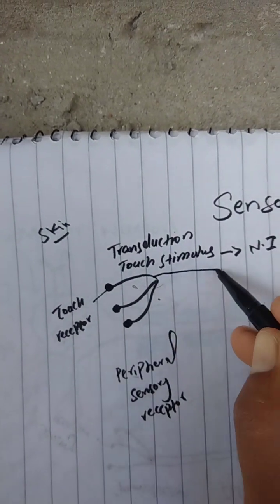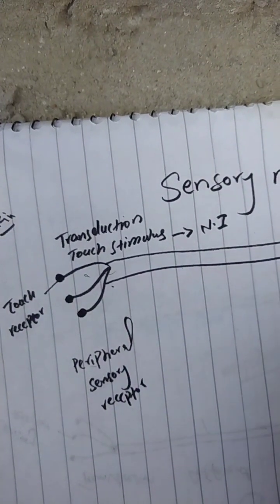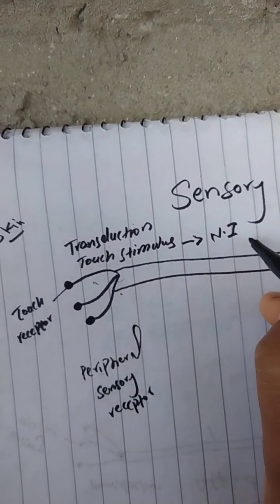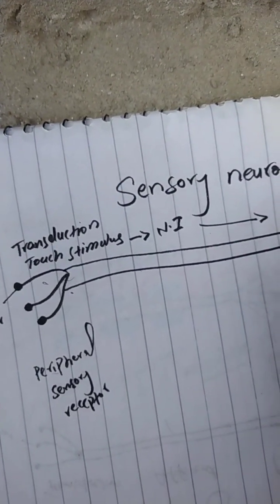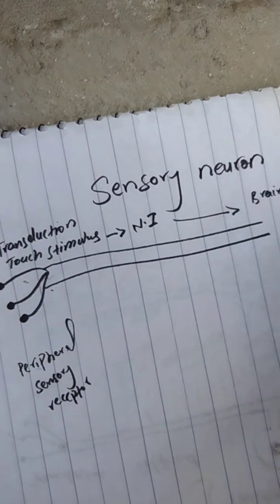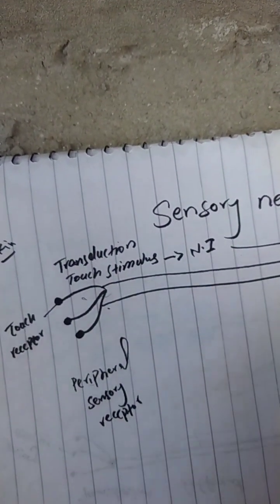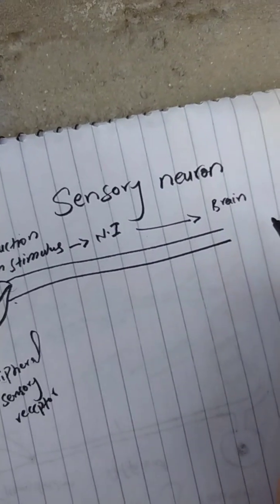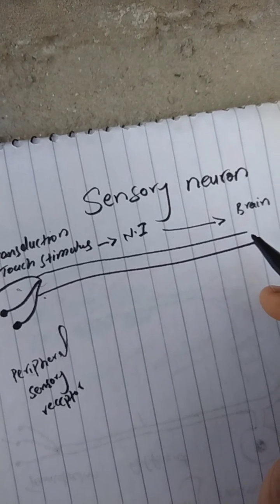So these nerve impulses travel through the nerve and nerve fibers. These nerve fibers travel the nerve impulse toward the brain, and this is called the afferent nervous system.